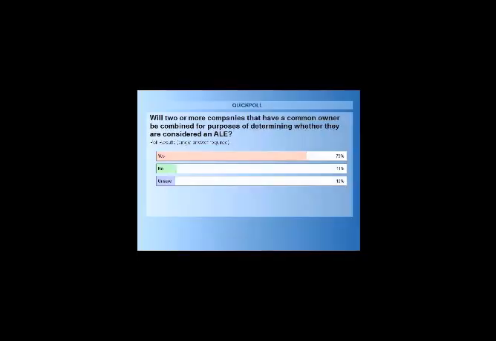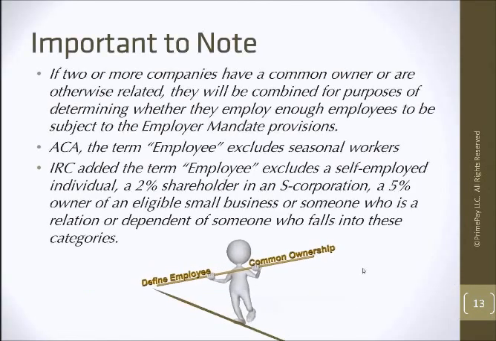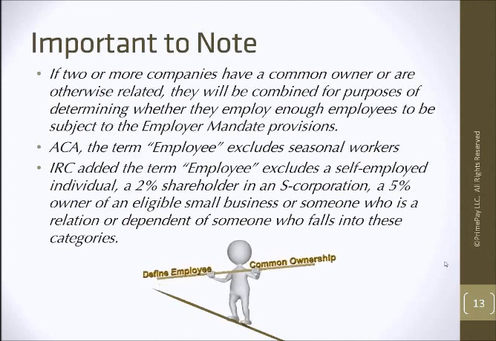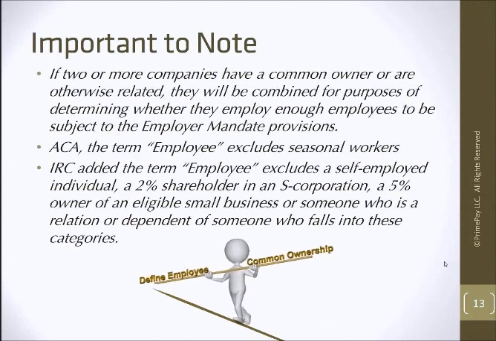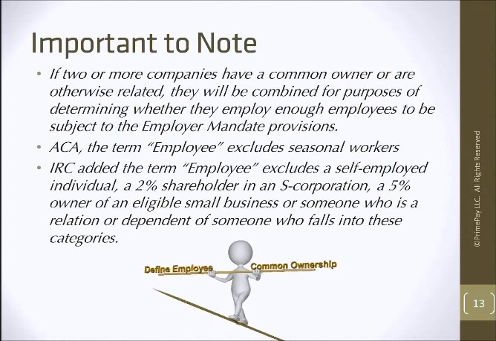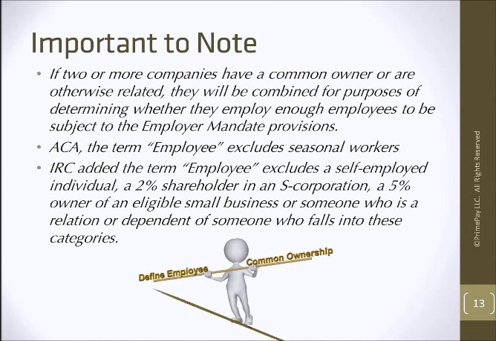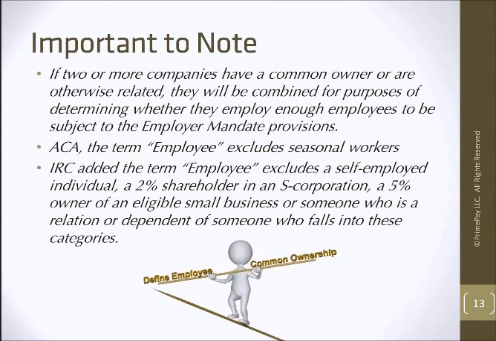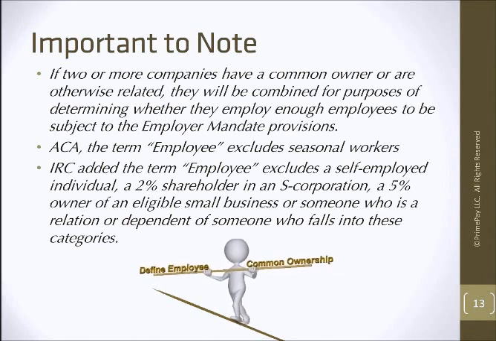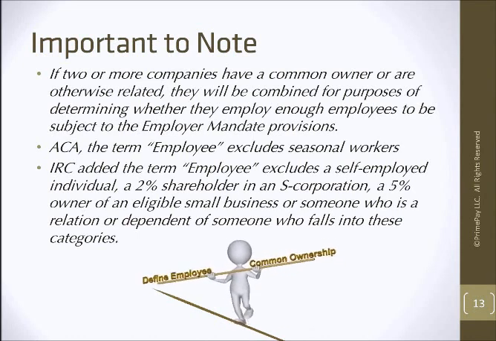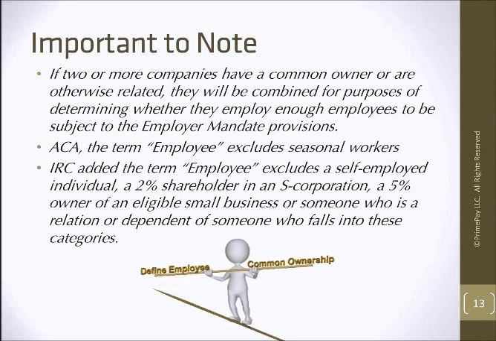79% of you answered yes, and you are correct. Well done. 11% of you said no, 10% unsure. So let's dive into an important note that I want you to consider. If two or more companies have a common owner, or are otherwise related, the IRS has really provided a broad definition of common ownership, controlled groups.